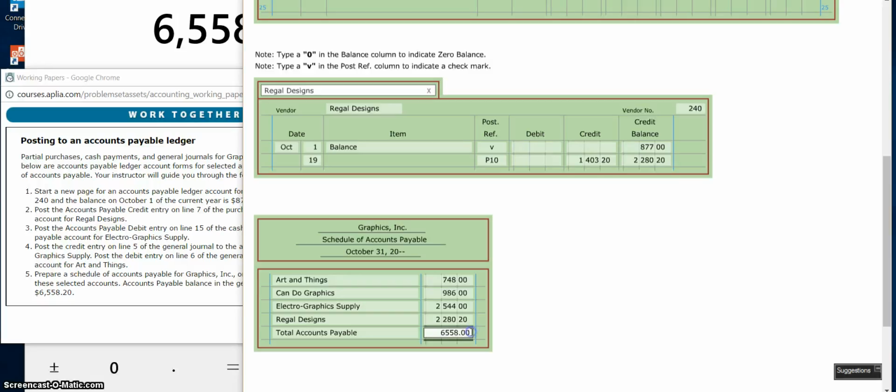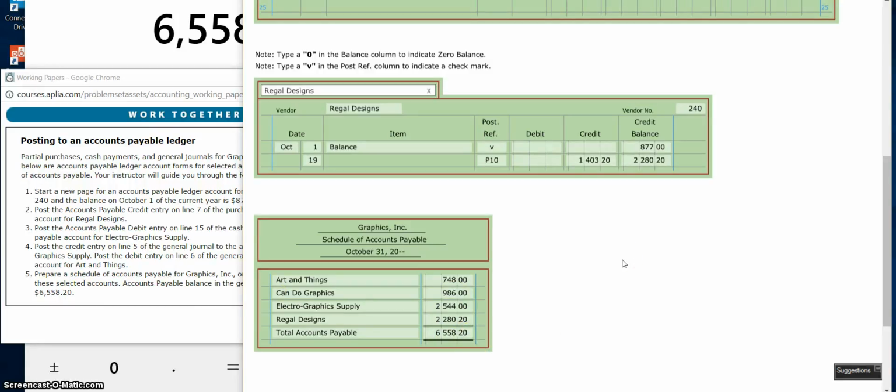If I re-add this, I'm going to get $6,558.20. Now my numbers match. So now I am finished. Okay. If you do not get this number to match with what's in your instructions for the accounts payable balance, you have a mistake and you need to go find it before you do anything else.